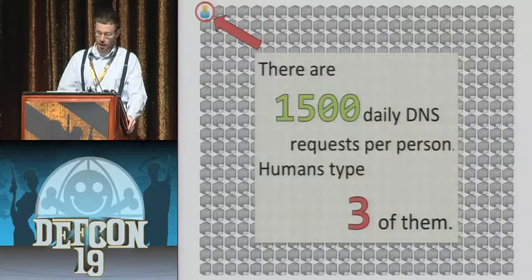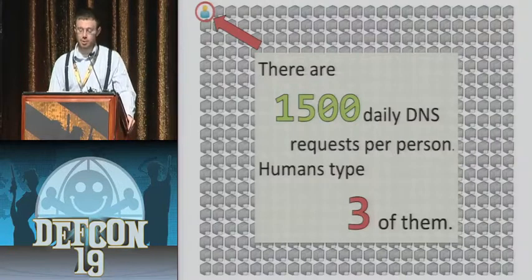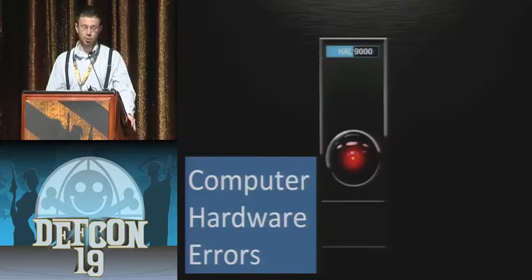And how can you take advantage of these 1,497 domain lookups? Computer hardware errors. Just to clarify, I'm not talking about things like bad programming, buffer overflows, or logic bugs. I'm talking about errors in the hardware that cause even perfectly written programs to misbehave.